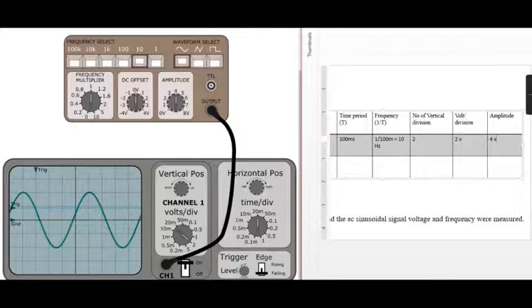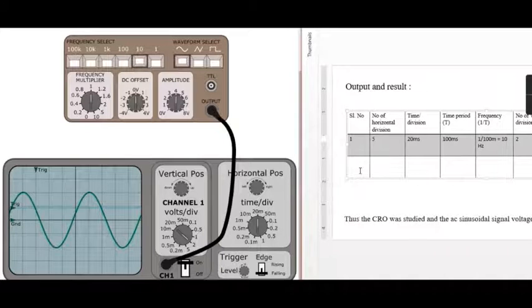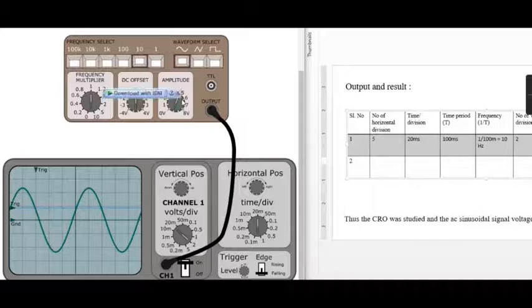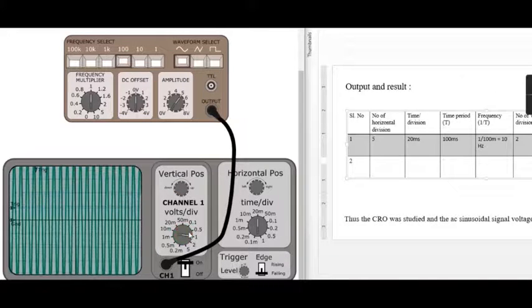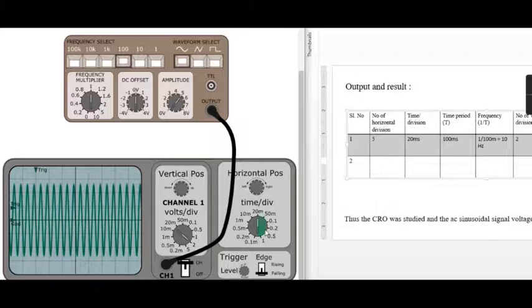If you go for the second case, you can vary the amplitude in the function generator and you can vary your frequency. For example, we have kept 100 hertz and 5 volts. Let's measure it in the CRO. It is difficult to measure this waveform, so you can vary your time per division.